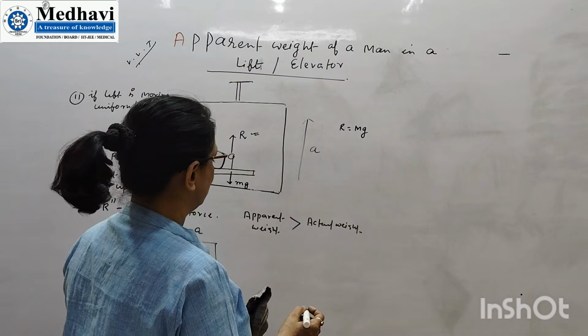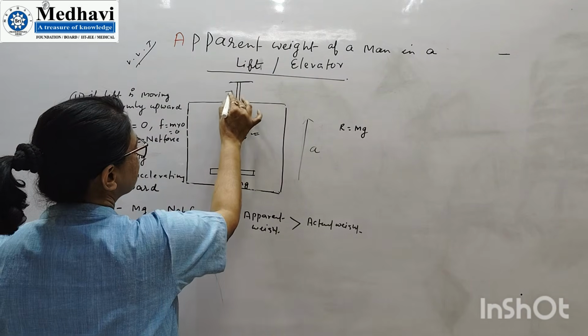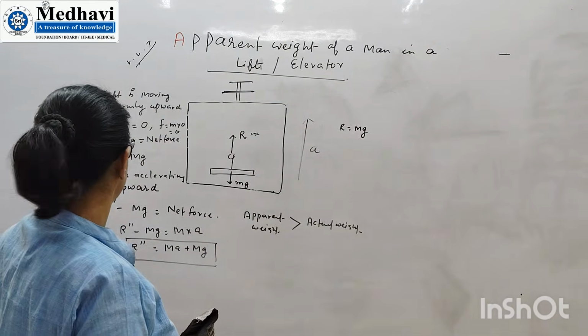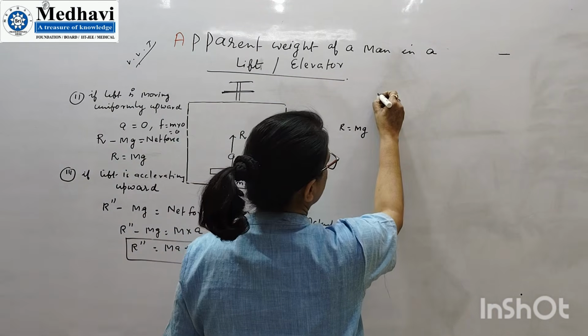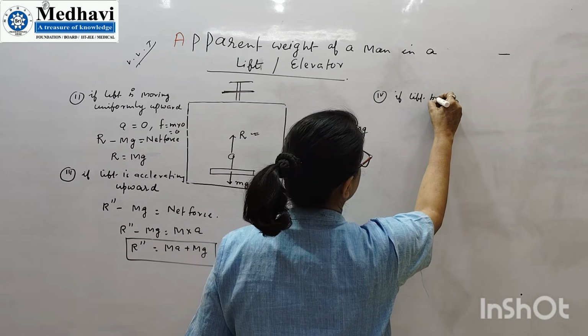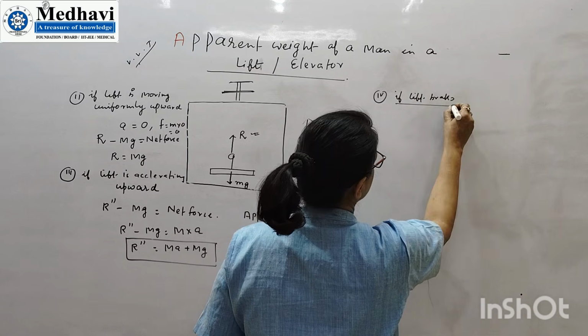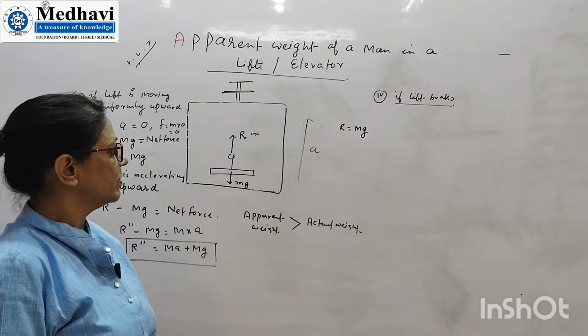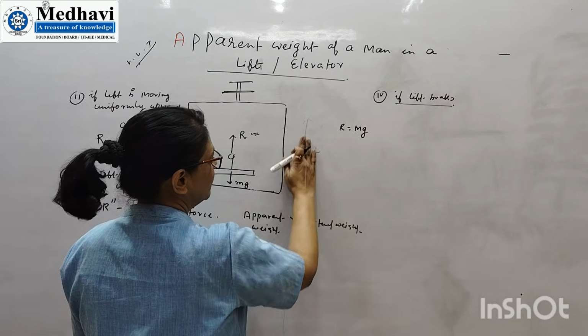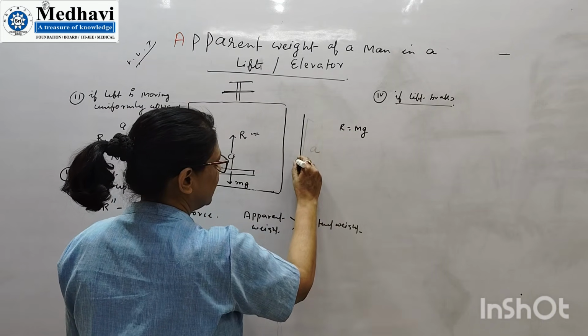Then the last condition: suppose the thread breaks. Very, very important information, that is the fourth point. If the thread of the lift breaks, that means the entire lift comes under gravity.